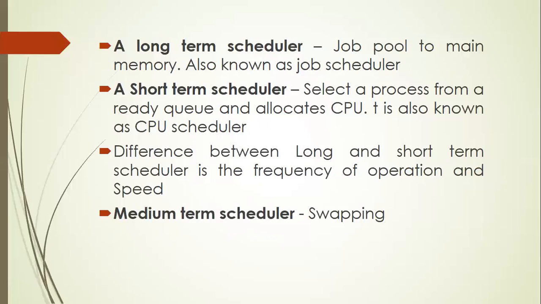Then the long-term scheduler identifies which set of programs has to be moved from the job queue to the ready queue, because the CPU can execute a program only if it is in the ready queue. The CPU will not execute the job directly from the job queue. So the long-term scheduler's function is to decide which set of programs to bring from the job queue to the ready queue. Hence, it is called a job scheduler.